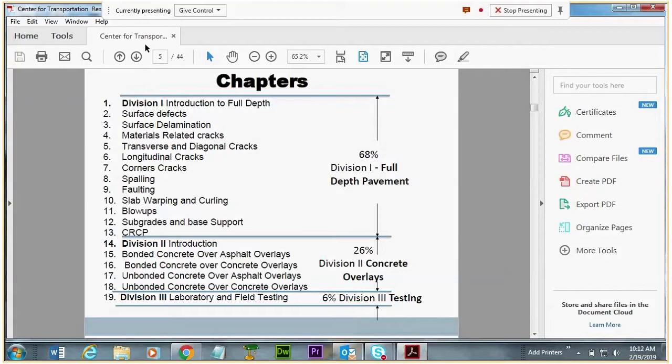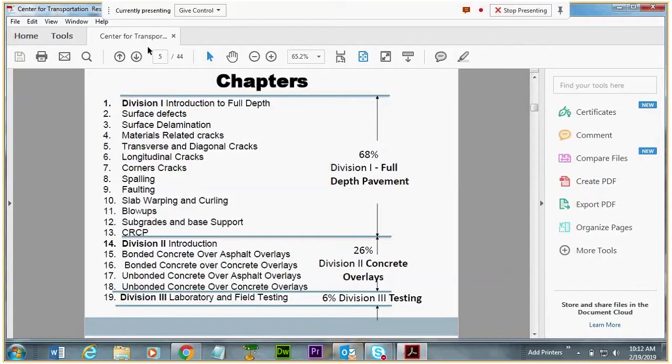The slide in front of you is basically the 19 chapters. About 70% of the manual is based on full depth pavement, from surface defects down to CRCP concrete pavements. That's the first division. The second division is made up of concrete overlays, which is about 25% of the entire booklet.